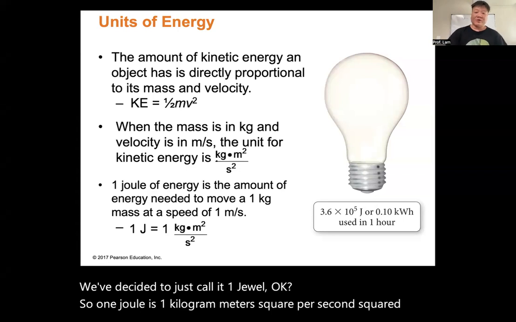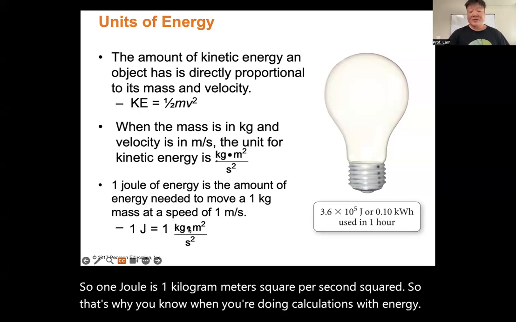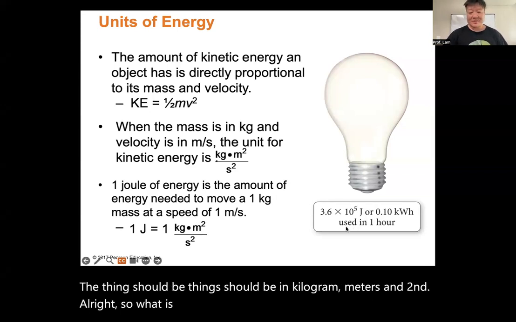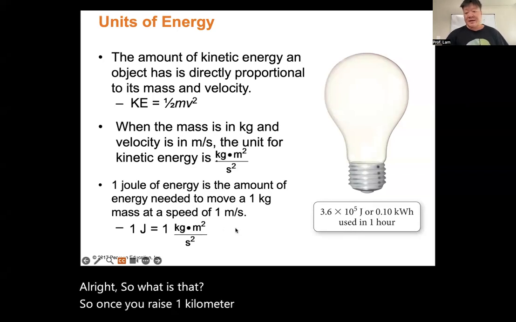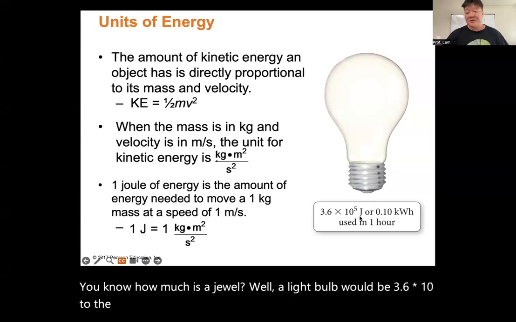That's why, when you're doing calculations with energy, things should be in kilograms, meters, and seconds. So how much is a joule? Well, a light bulb would be 3.6 times 10 to the fifth joules, or 0.10 kilowatt hour.